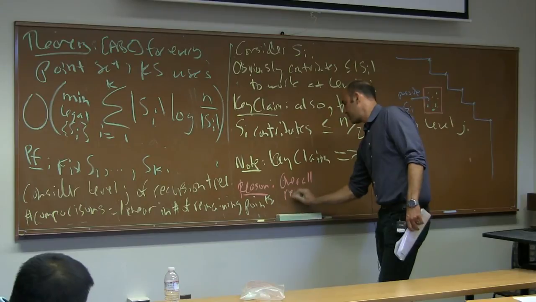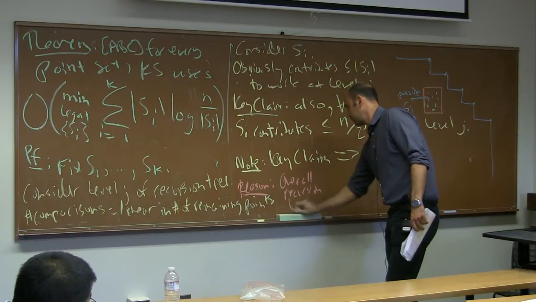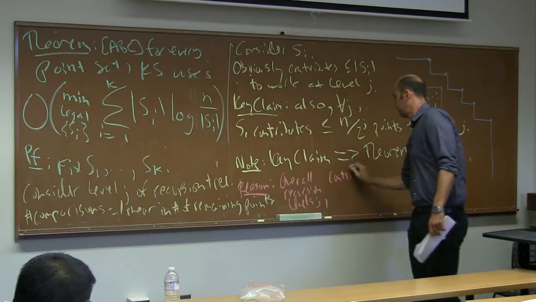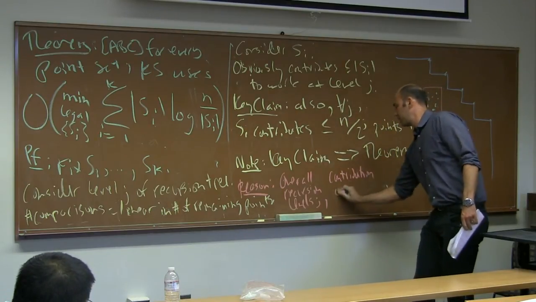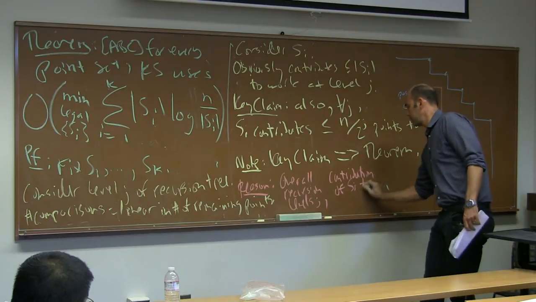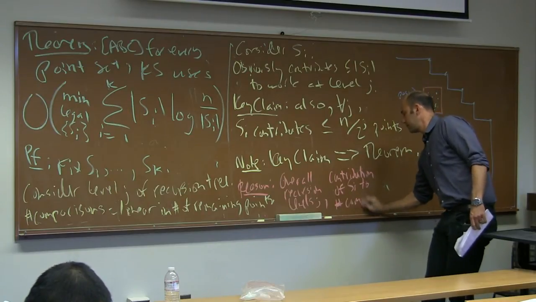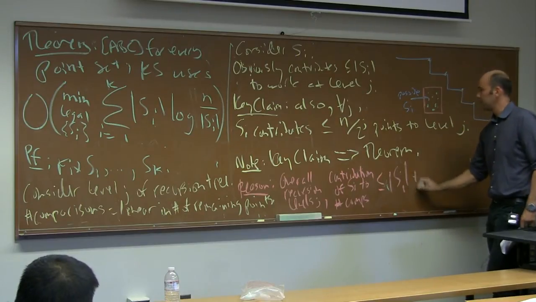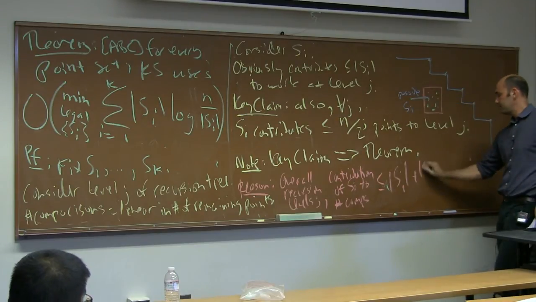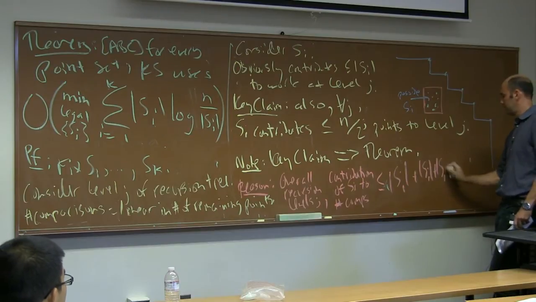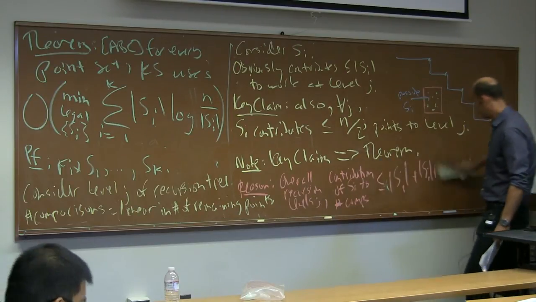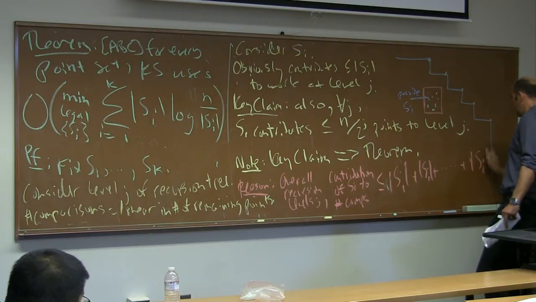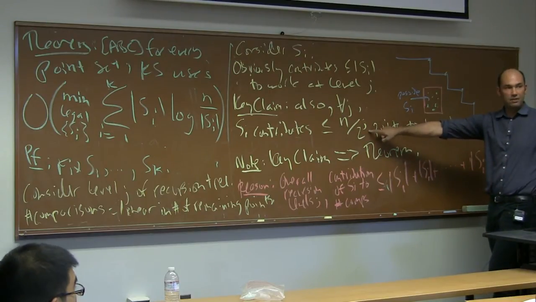Over all the recursion levels, the contribution of S sub i to the number of comparisons is at most, well, for a while, we just use this upper bound. At some point, this upper bound kicks in.